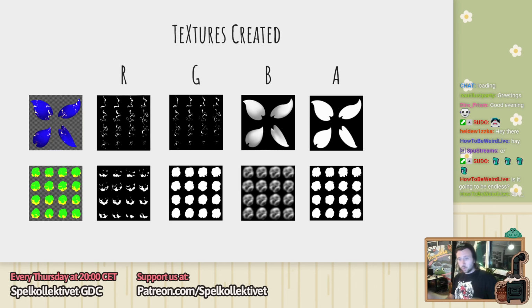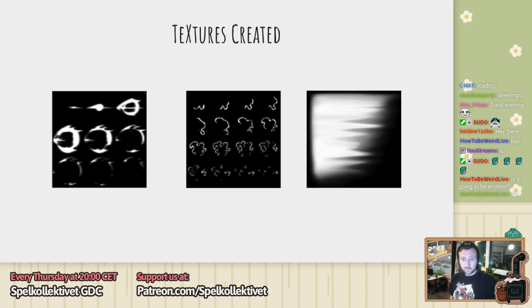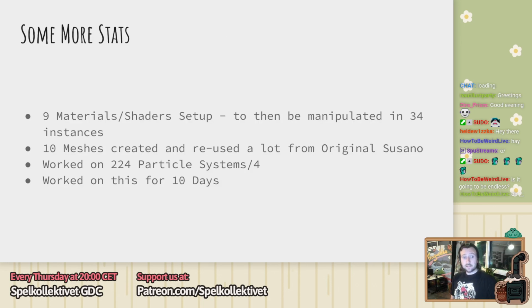We have the smoke, we have the lightning, and we have all those little leaves you can see flying around. Then even more animations, stuff for mesh trails, and some stats for this effect. It's like 9 materials and shaders that I needed to do from zero, and then I did like 34 instances of them, manipulated so they work differently visually.